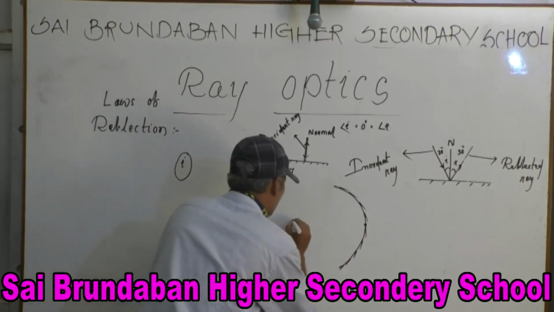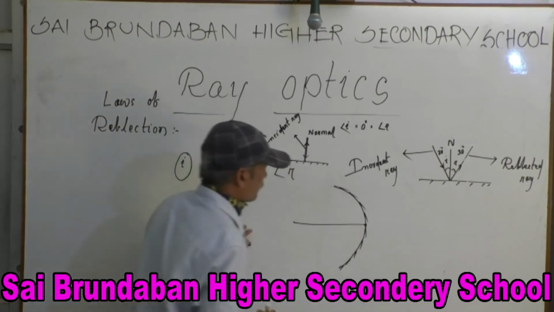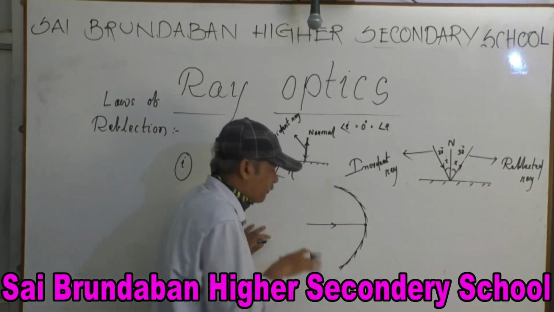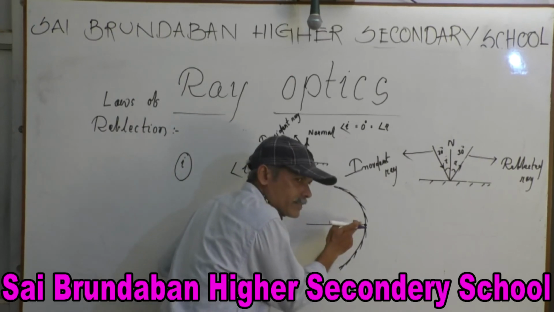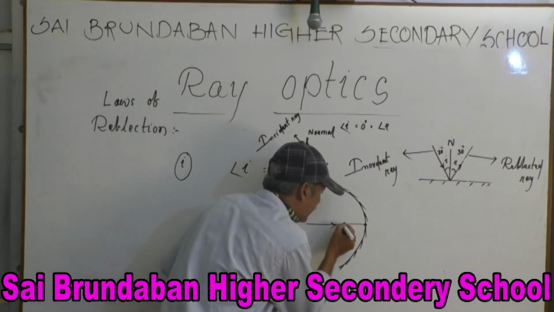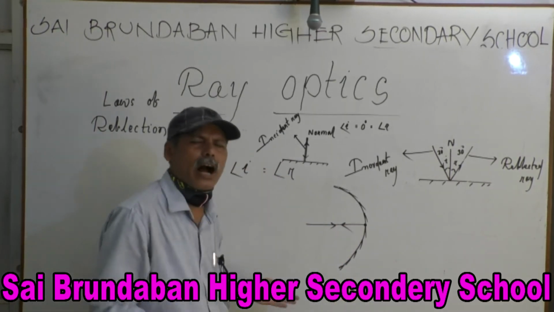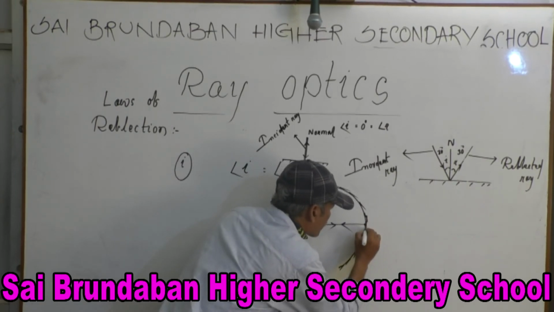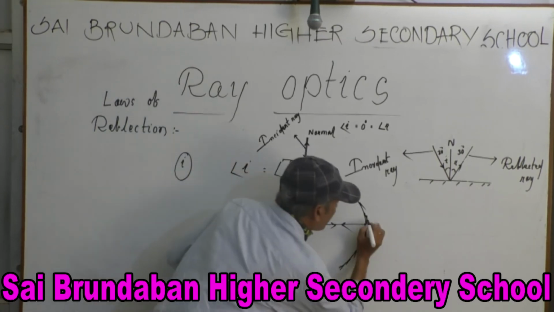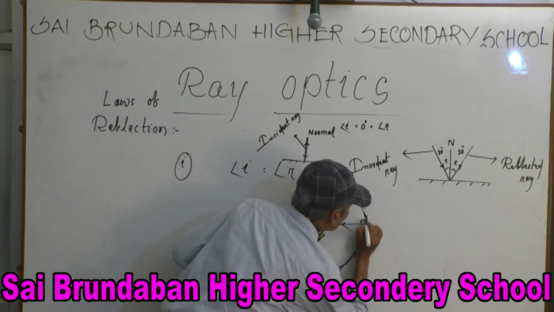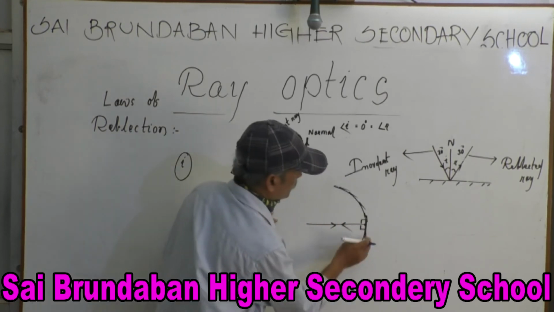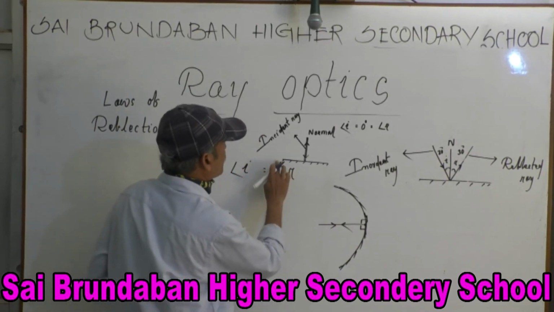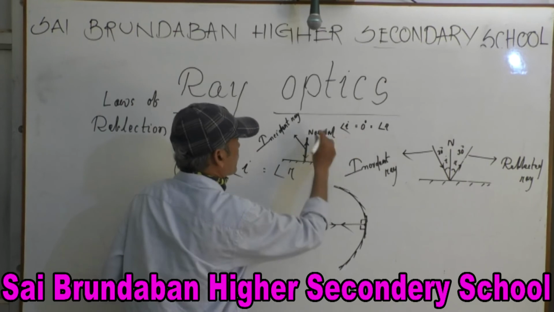Let's say a ray hits directly to the pole of the mirror. Then the ray propagates like this, hits the surface and returns back in the same way. How is it possible? You draw a tangent here. You can see the case here is similar to this case.